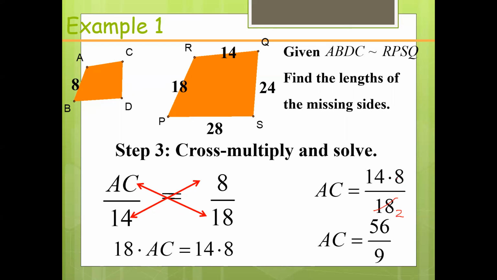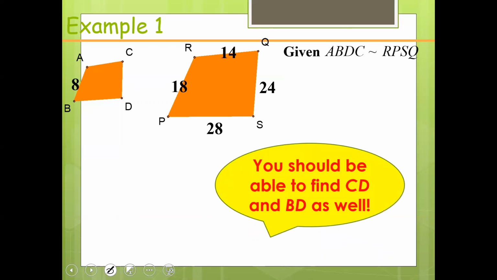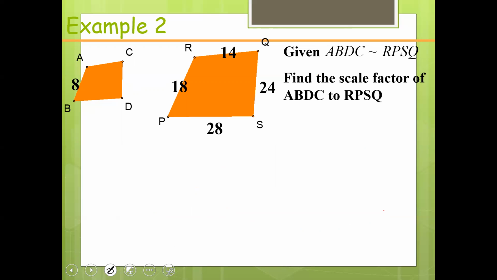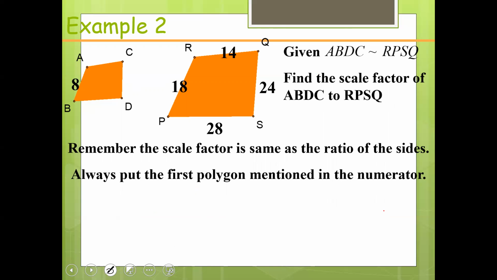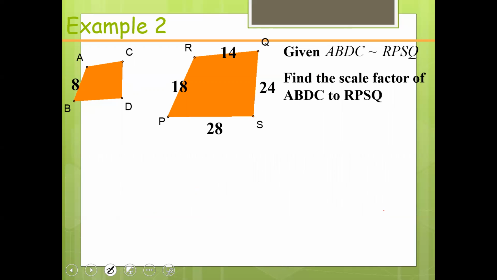So this is 2, this is 9, this is 4. 14 times 4 is 56, divided by 9, so 56 over 9. So that's only for AC. The same thing will be done to find CD and BD. Remember the scale factor is the same.